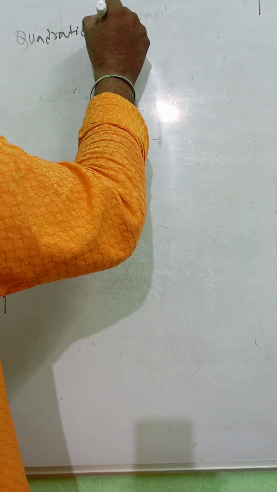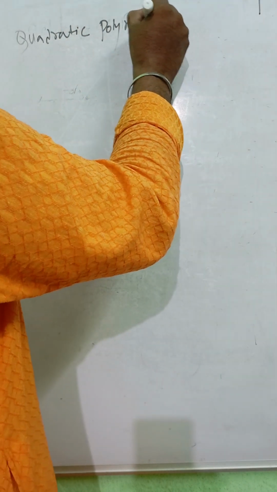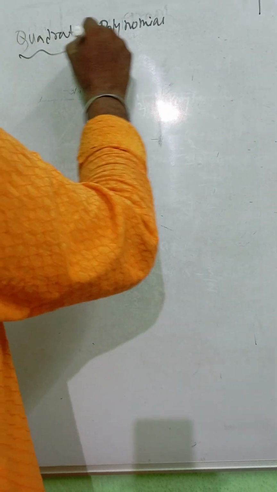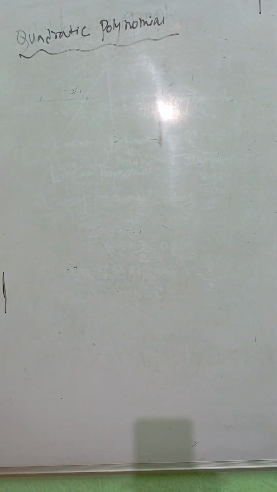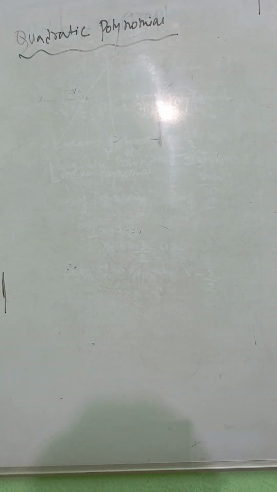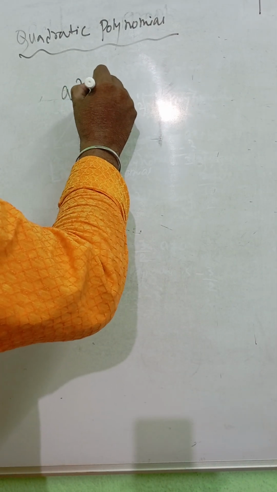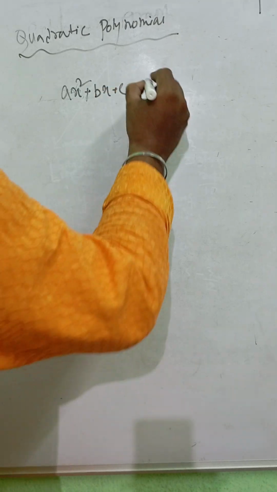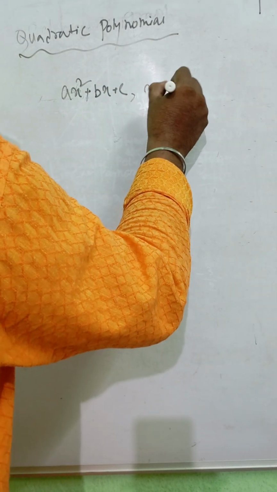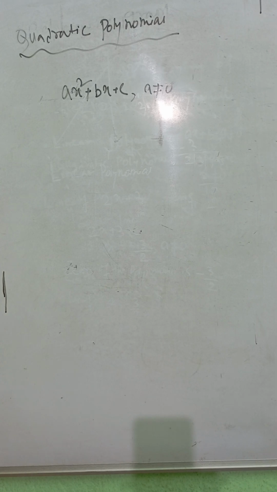Let us take a polynomial in the form ax square plus bx plus c, where a is not equal to 0.